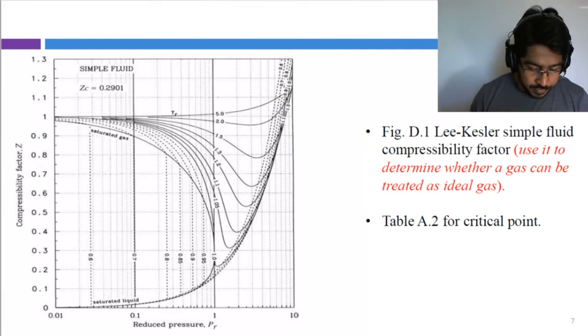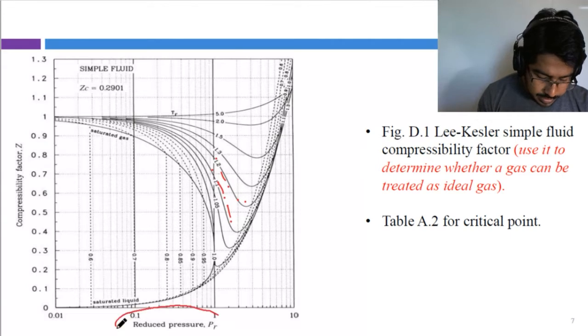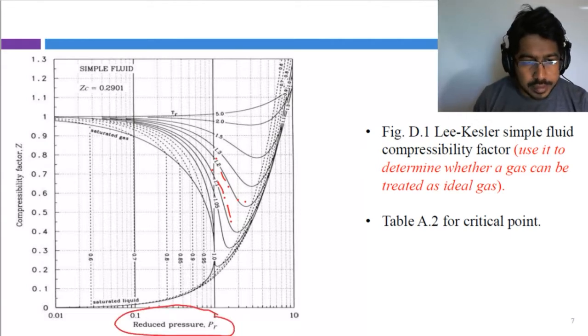Okay, perfect. This graph is very similar to what we had in the previous slide. It has iso reduced temperature lines, and the x-axis is reduced pressure.